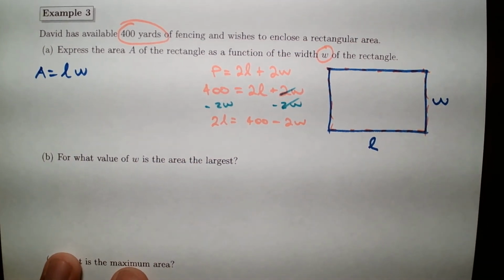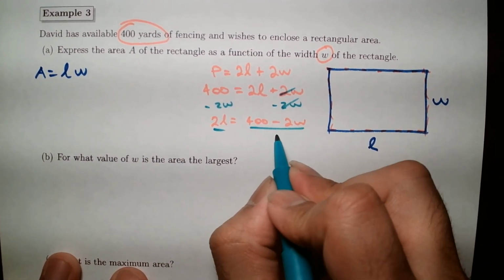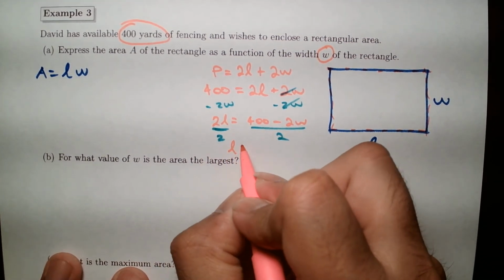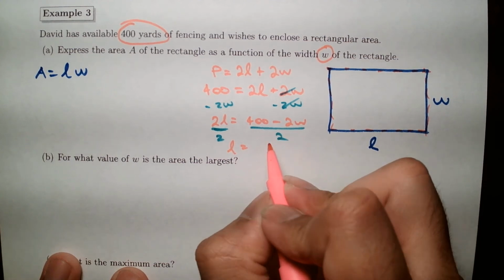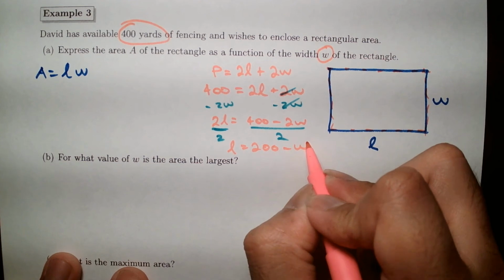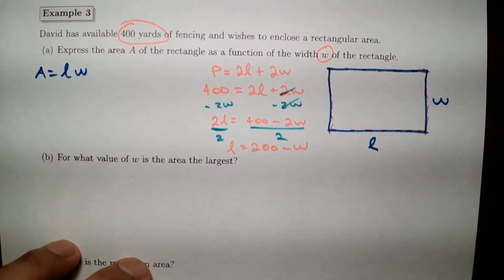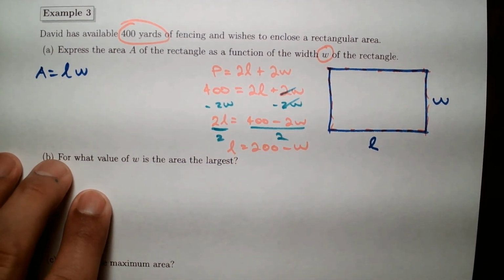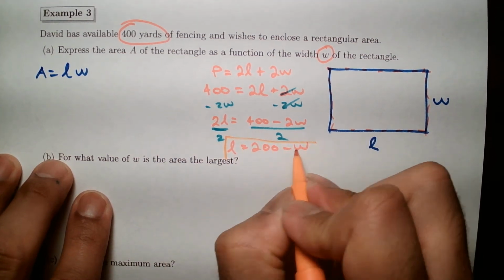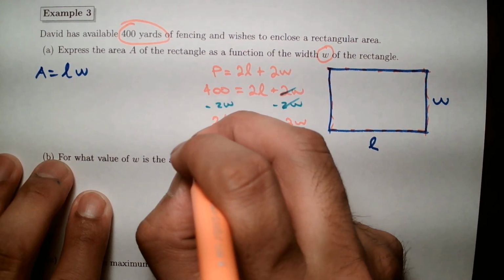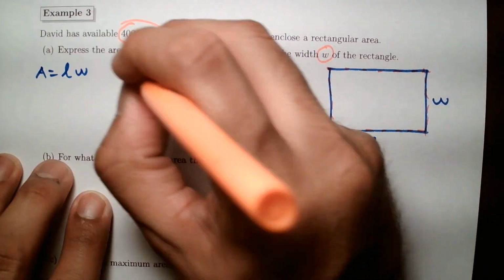And then finally solving for L by dividing both sides by 2. That's going to give us L equals 400 divided by 2. That's really nicely divisible. 2 over 2, that's just 1 W. So what am I going to do here? Well, I'm going to box this, and this is going to be substituted here.